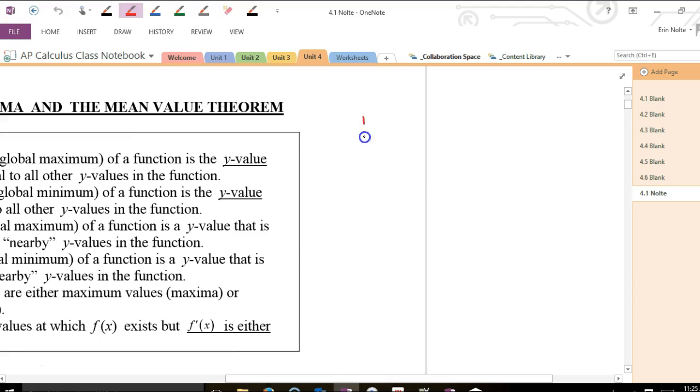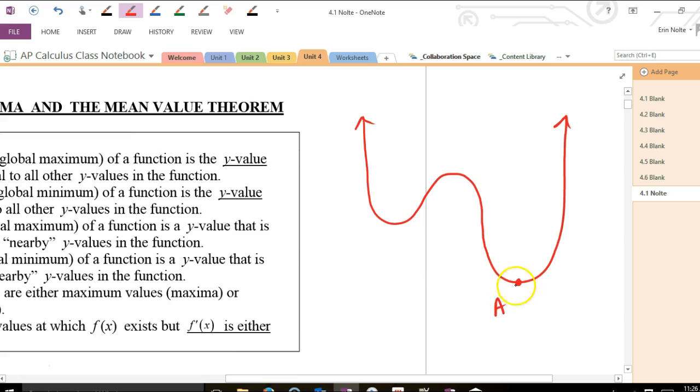Okay, so let's just say I have this random function, something like so. But you guys understand that this point down here, at the very bottom, is an absolute maximum. Or excuse me, not a maximum, a minimum.